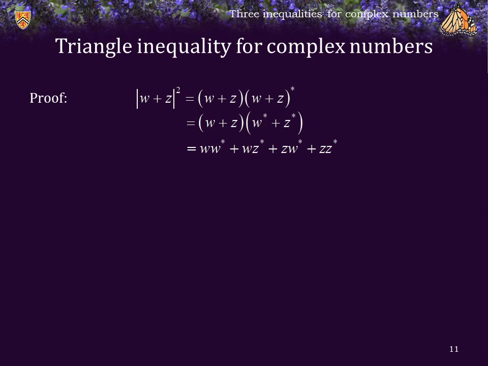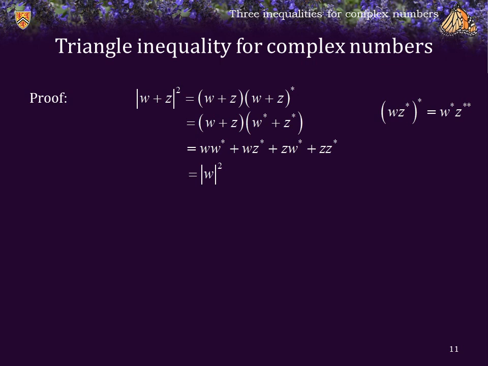Now, that first value there is equal to the absolute value of w squared. Now, for the next value, note that the conjugate of the first term, w z star, is equal to that expression we see here, but the conjugate of a product is the product of the conjugates, so we will conjugate both the first and second term. So that gives us w star z double star.